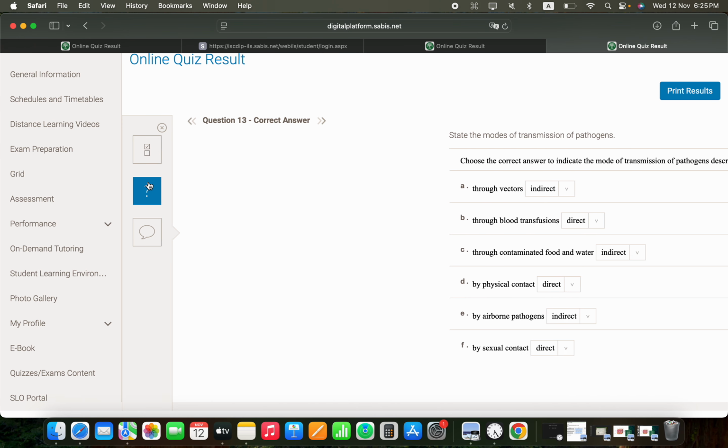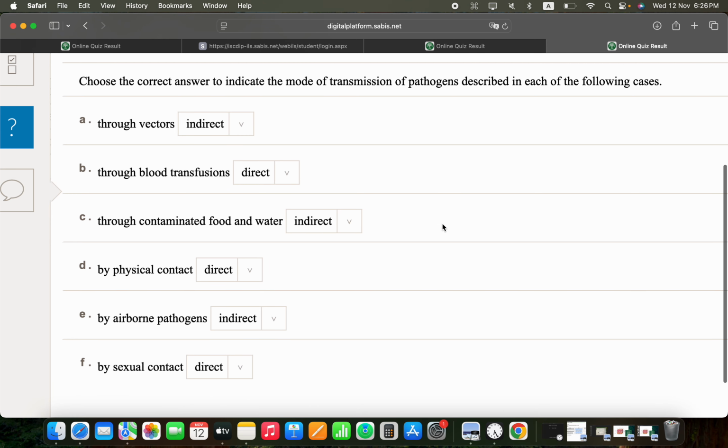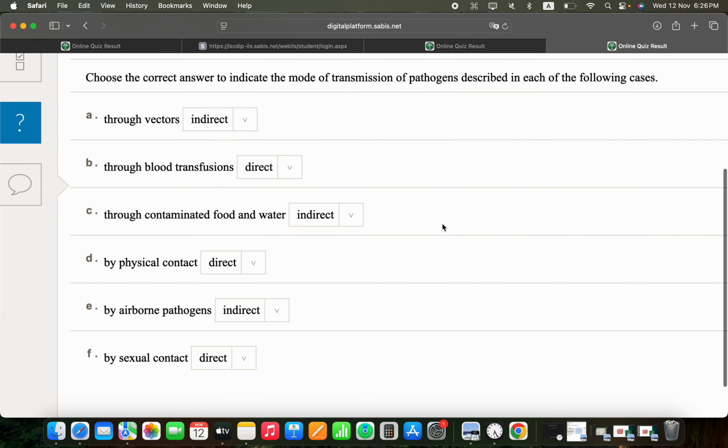So this is about indirect and direct transmission of pathogens. Through vectors, it's indirect. Through blood transfusions, it's direct transmission. Through contaminated food and water, it's indirect. By physical contact, it's direct.